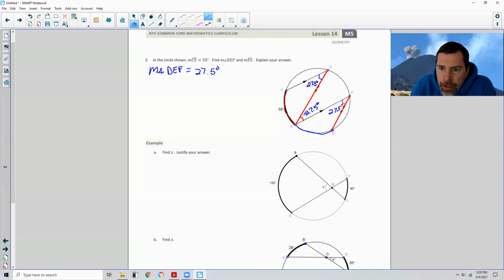And that is an inscribed angle intercepting EG. So therefore the measure of arc EG equals 2 times the angle that it is intercepted by, which is 27.5 times 2, or 55 degrees.